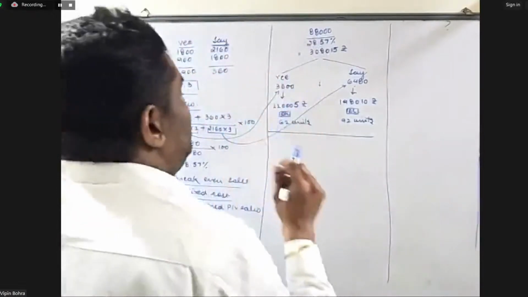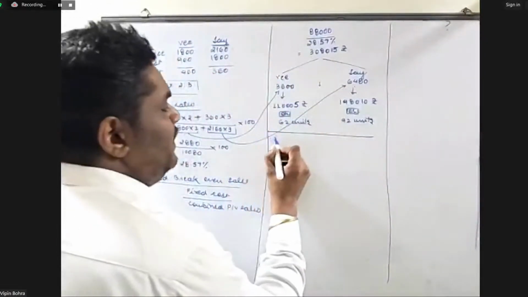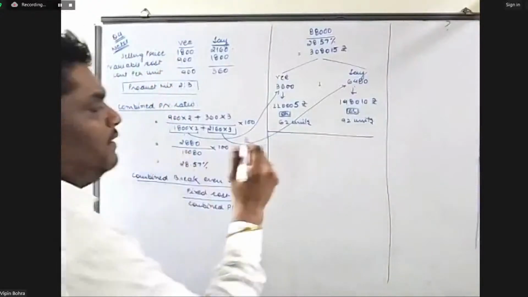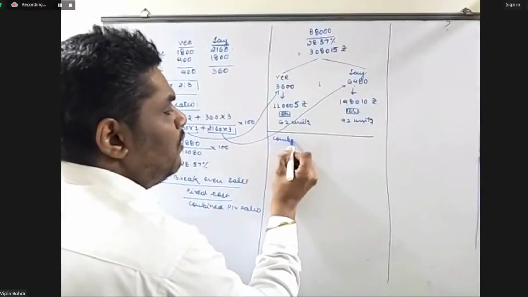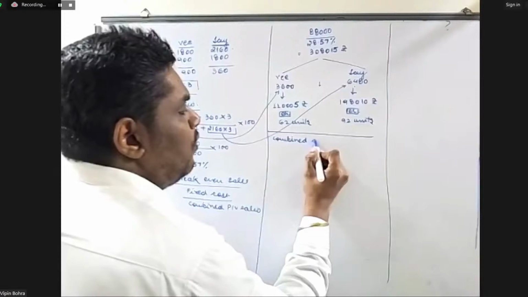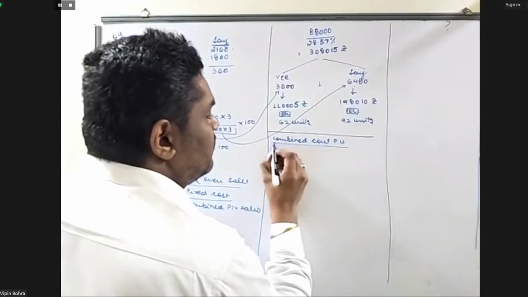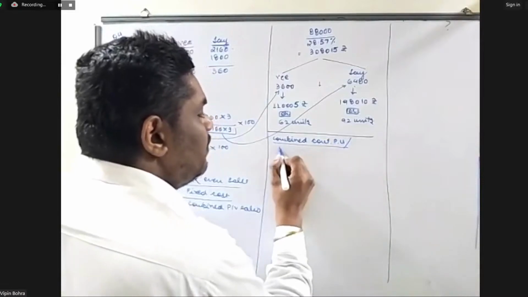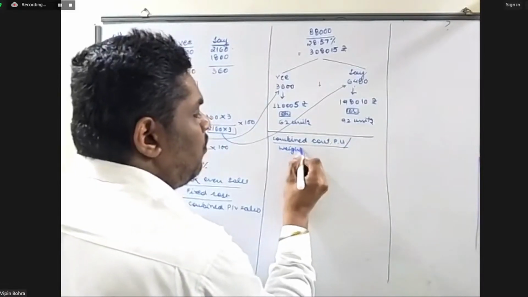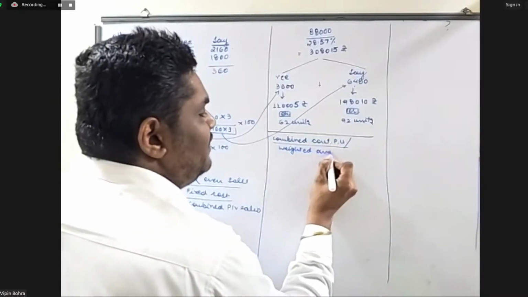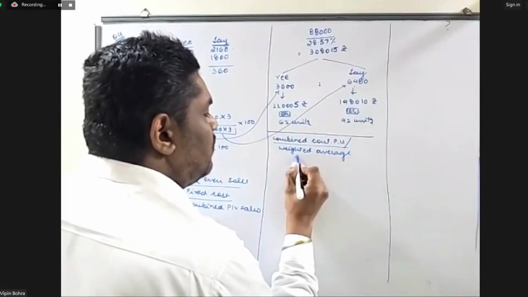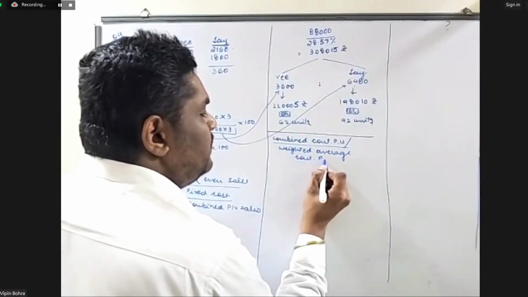Further, if we want to calculate it in units also, we will calculate first of all the combined contribution per unit, or we can say weighted average contribution per unit.